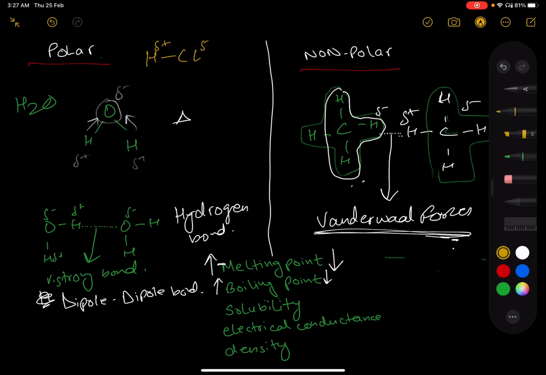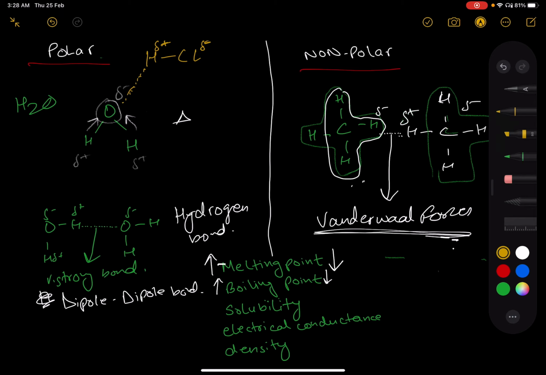Now, what happens is that polar molecules, because they have polarities or charges on them, can be dissolved only in polar solvents, because this hydrogen will attract oxygen, and therefore the water will be attracted to hydrogen chloride and hence it will dissolve. But hydrogen chloride won't dissolve in a non-polar solvent.